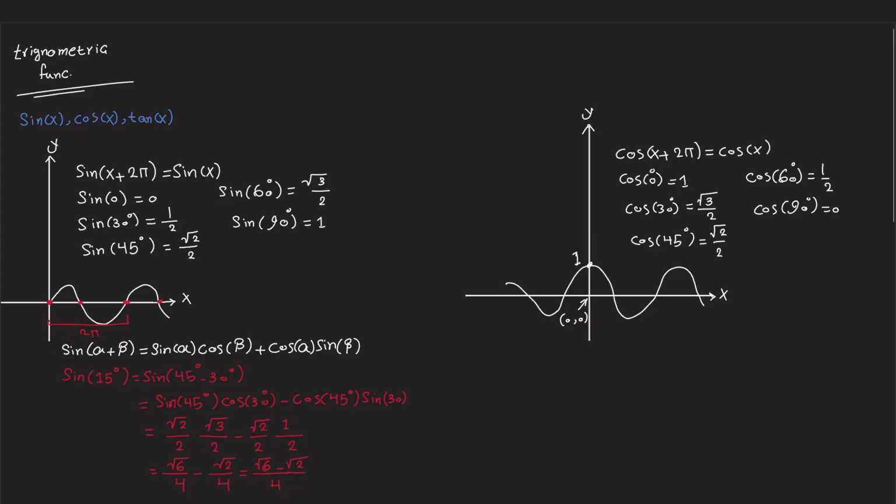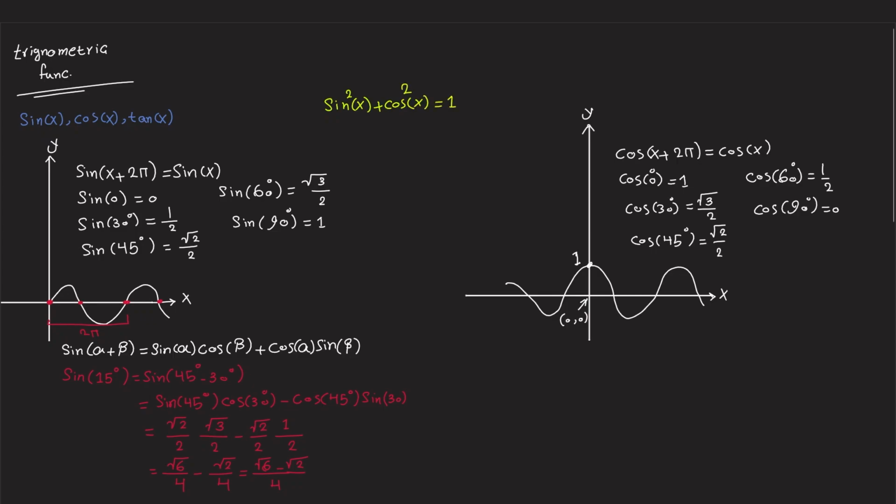The most famous relationship that holds sine and cosine together is the relationship that states sine squared of x plus cosine squared of x equals 1.